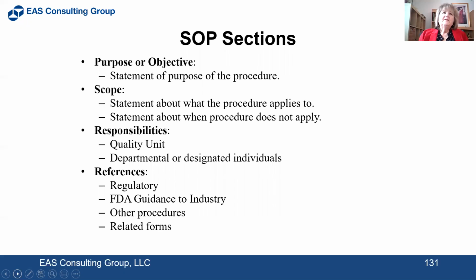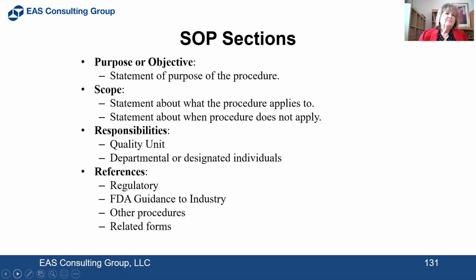The SOP will be broken down into sections. Common to have a purpose or objective in the beginning, which is a statement of the purpose of the procedure. The next section would be scope, a statement about what the procedure applies to, and what the procedure does not apply to.